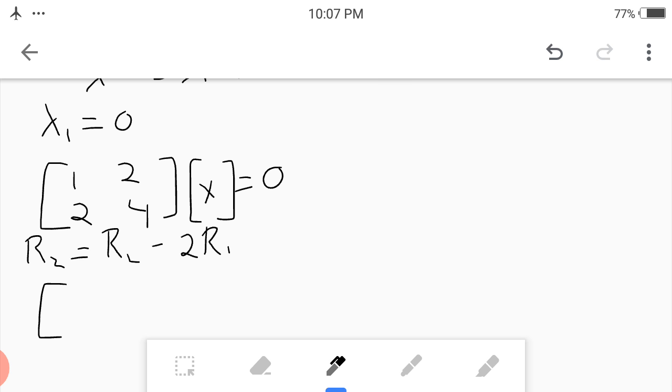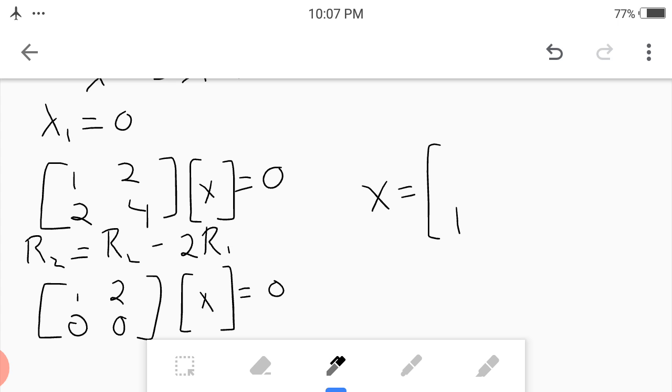So your matrix gets reduced to [1, 2; 0, 0] times x equals 0. Here the free variable is set to 1, and if you compute using back substitution, what do you get? Minus 2, 1. Let's call this q1 vector corresponding to eigenvalue lambda 1.